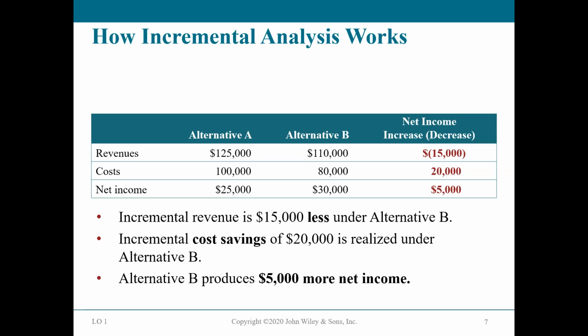However, our cost would be $20,000 less under alternative B. So therefore, our net income, if we chose alternative B, would actually improve by $5,000. So if you only look at revenues, you'd actually be making the wrong decision, because your bottom line, if your goal is just to make more money, more net income, alternative B would be a better end state.